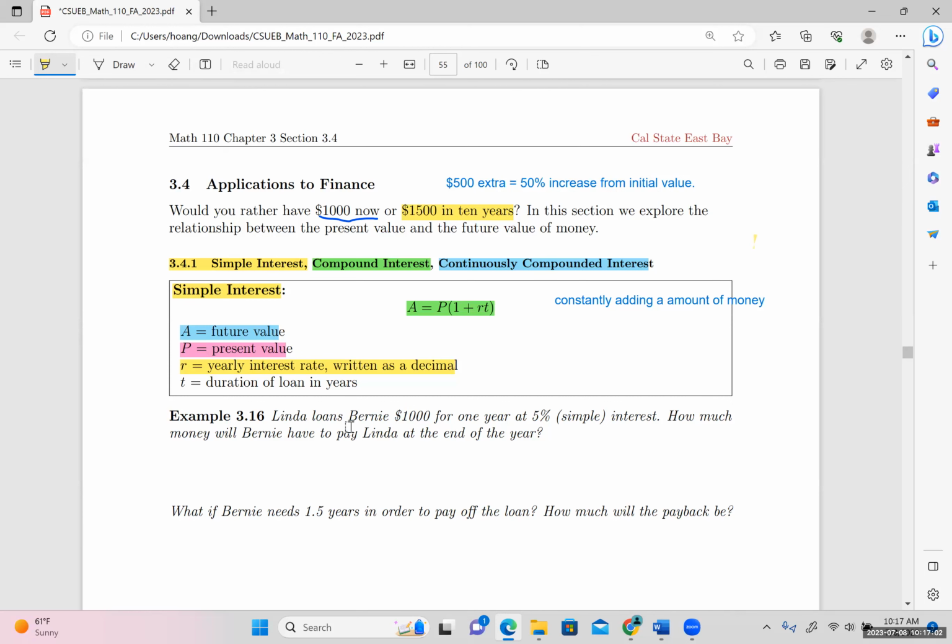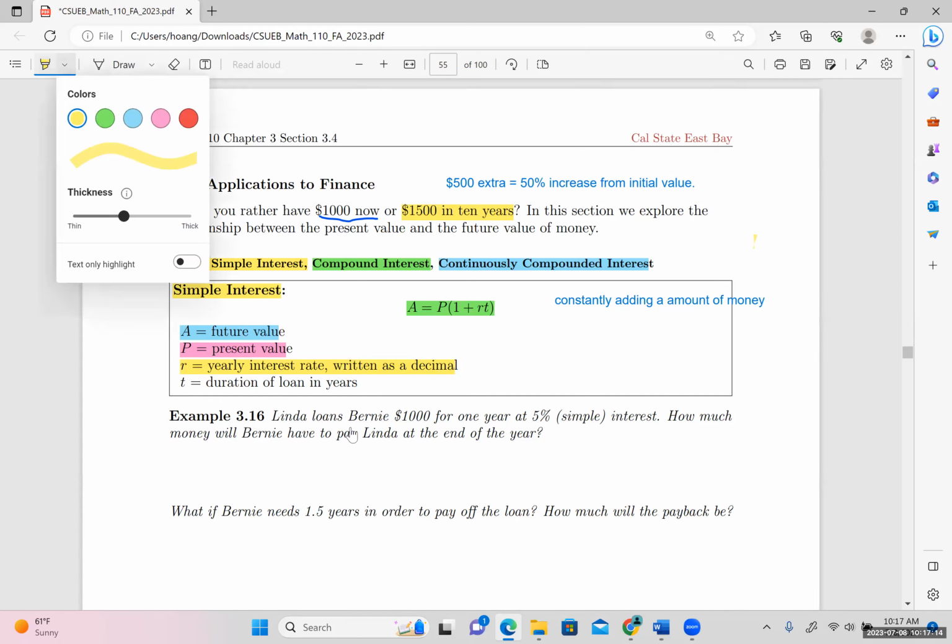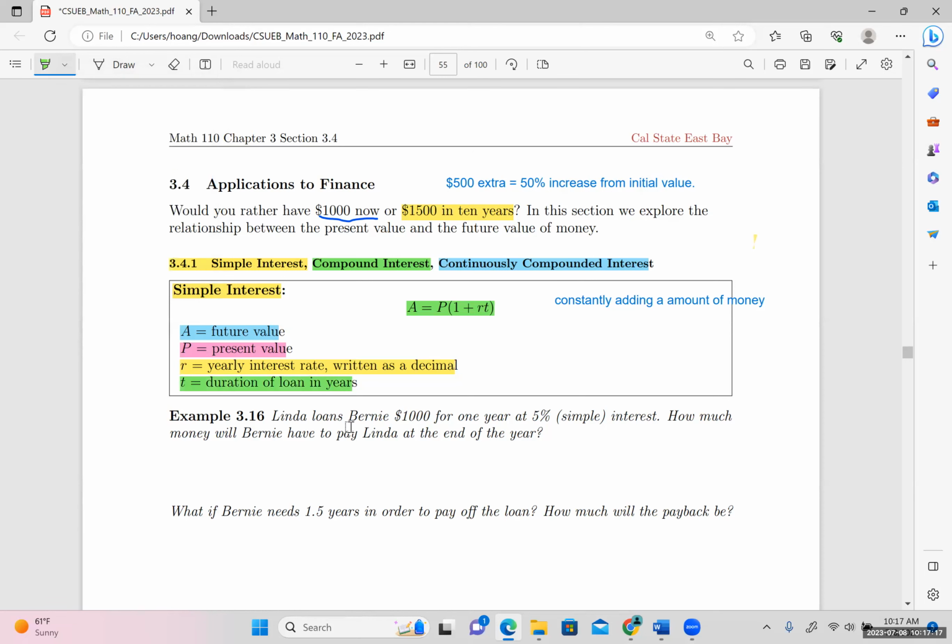Keep in mind this is generally the interest rate. And lastly, we have T as the duration of the loan, and it's in years. So keep in mind that if it's in months, we need to convert into years. 6 months, for example, we have to convert into 0.5 years.